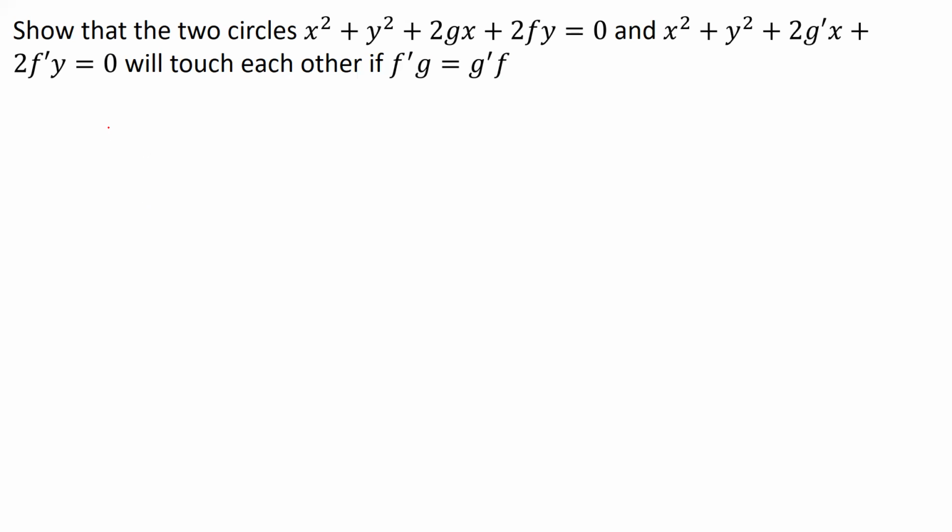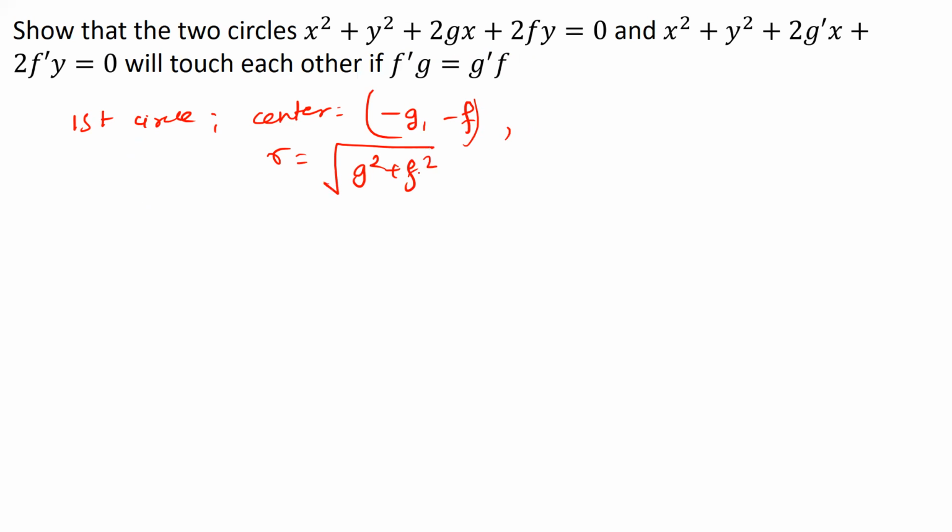First, quickly find the centers and the radii of the two circles. For the first circle, my center is minus g comma minus f itself, because it is already in the standard form except for the constant term. And the radius is the root of g square plus f square, because there is no minus c here. The c term is 0, so I can safely ignore that c.